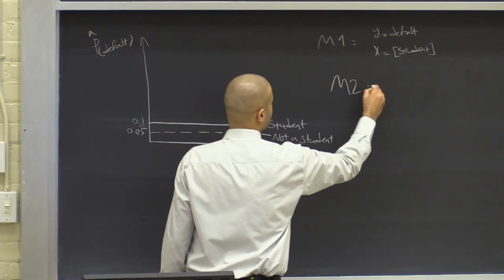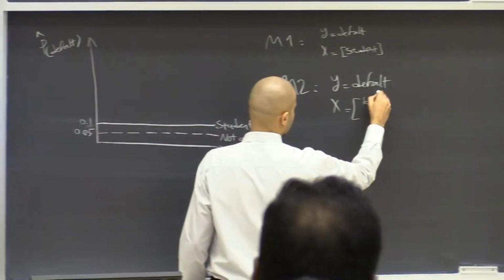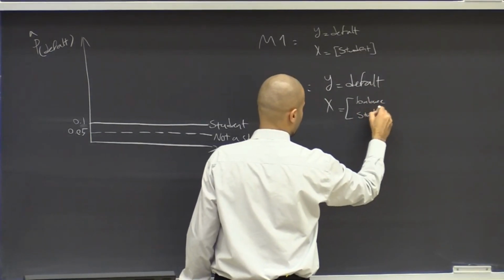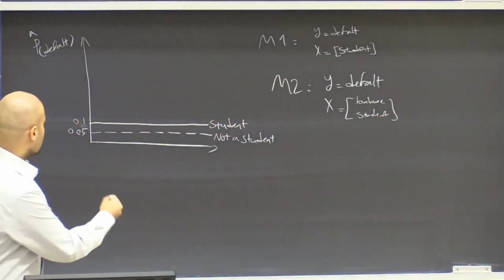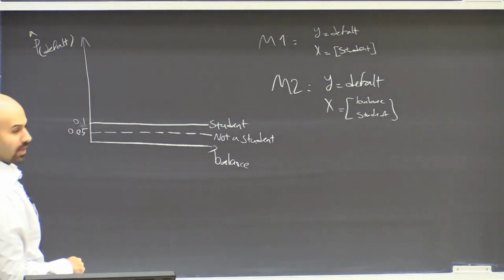And then we have some model 2 that, again, predicts probability of default. But now this is multivariate regression. So it looks at balance and whether someone is student or not. Now on the x-axis, we can have balance and also draw model M2.